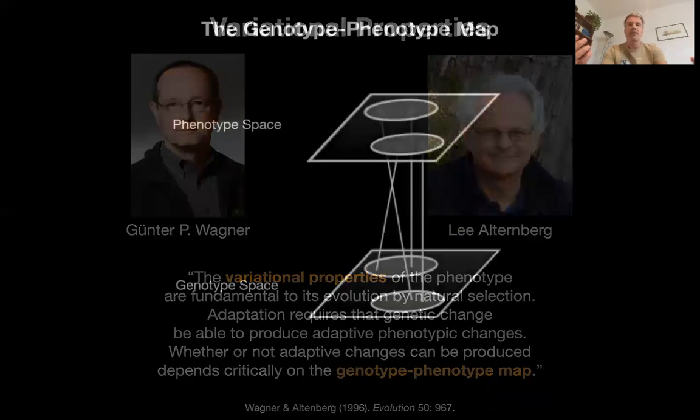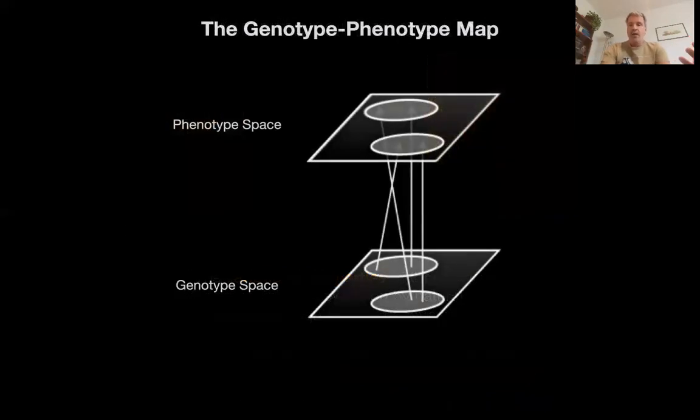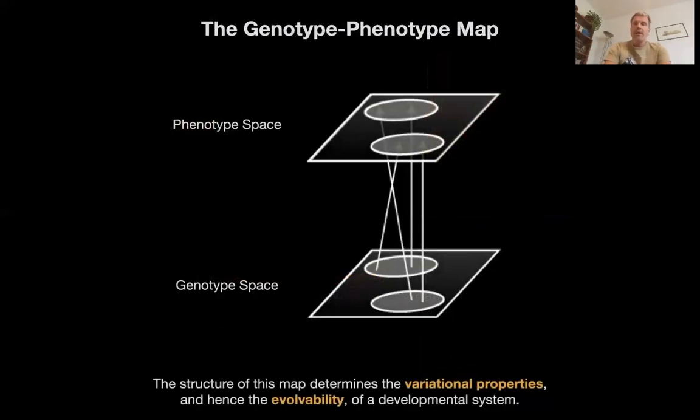So to get back to this idea of the genotype-phenotype map, we need an explanation of this map. And if you look at it, a mapping like this is a mathematical concept. And if you're a mathematician, you can interpret it in different ways. So one way of interpreting a mapping like this is as a correlation between genotype space and phenotype space.